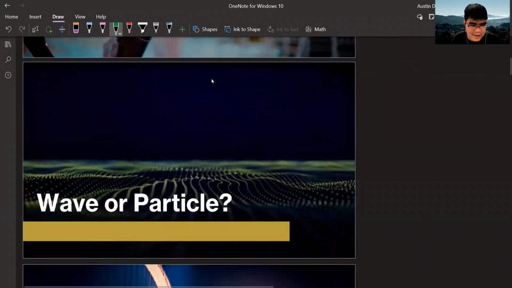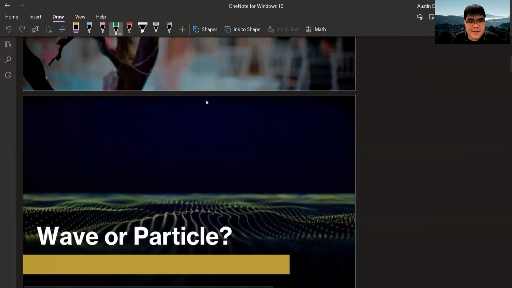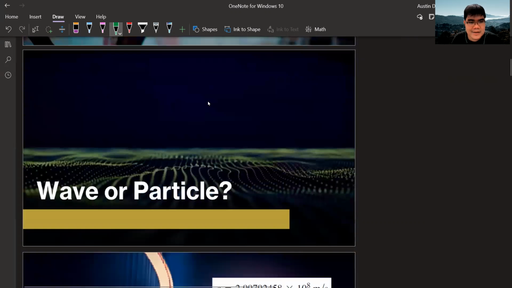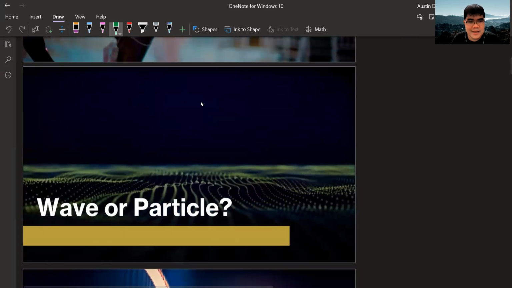Okay, si Isaac Newton, hinulaan niya na yung light ay isang particle. Corpuscles ang tawag niya. Yung time niya, 1600s. Pero of course, people didn't believe that kasi as you can see, parang yung light ay inherently wave. Okay? Kasi kung particle, dapat natatamaan ka, di ba?